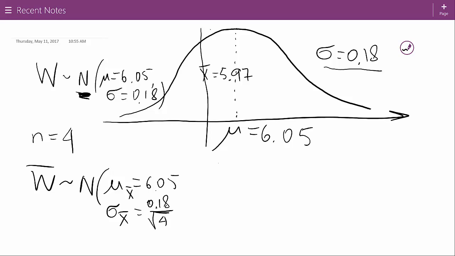Square root of 4 is 2, right? 0.18 divided by 2 gives me 0.09, right? So mu x bar is 6.05 and sigma for x bars is 0.09, right?